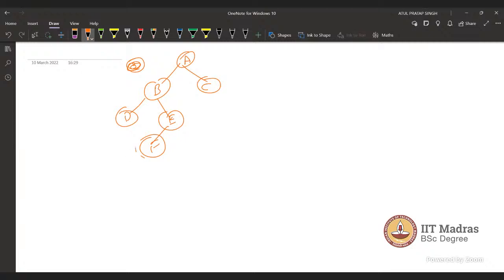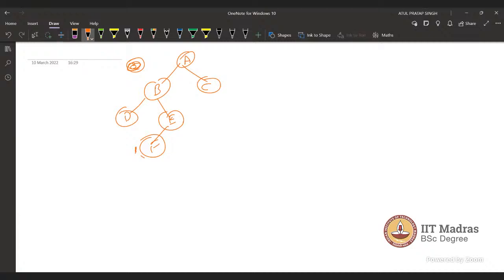If we consider the height of E, it is the maximum length of the path from this E to any leaf node which is connected from this E. Okay, so there is only one path connected to this F. So what is the length of this? So the height of this is 1.